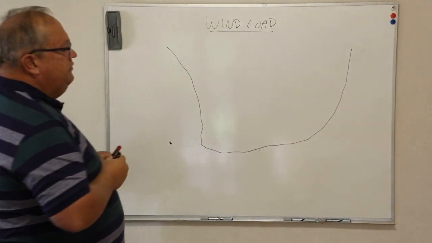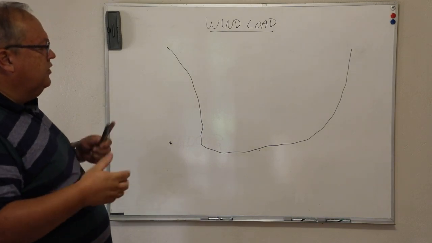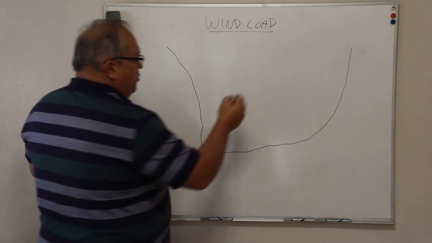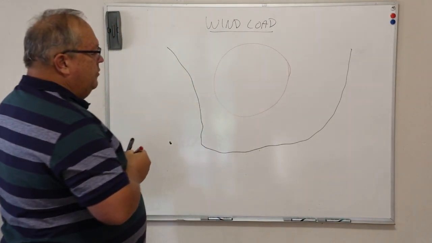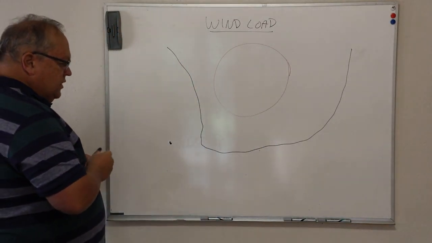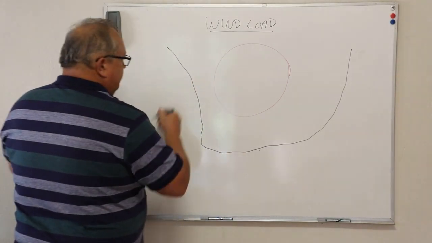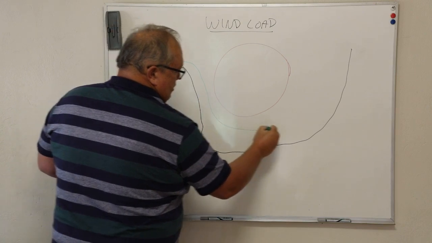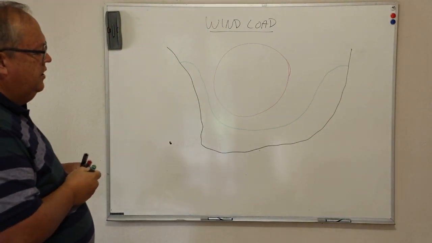Really, in South Africa we've got two predominant regions as far as wind load is concerned. We've got the central area of the country, which I'm going to mark as this red zone, and then we have a coastal belt, which I'm going to mark as that green zone.